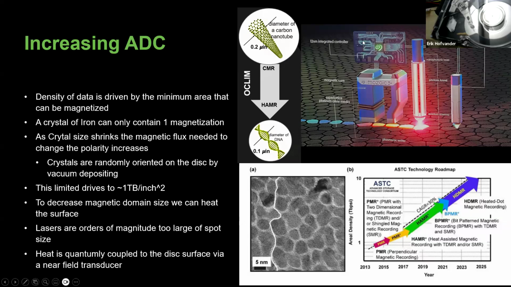We take a laser to heat up a near field transducer. This near field transducer is quantumly coupled to the disk surface. So it can transfer heat via basically quantum coupling between the electrons in the NFT and the electrons in the disk surface. That heats up the disk surface.